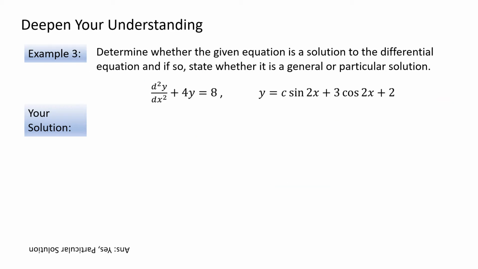So our third example here has a little bit different items in terms of derivatives. We have d squared y by dx squared plus 4y is equal to 8. So we have a second order derivative here, again raised to the exponent 1.